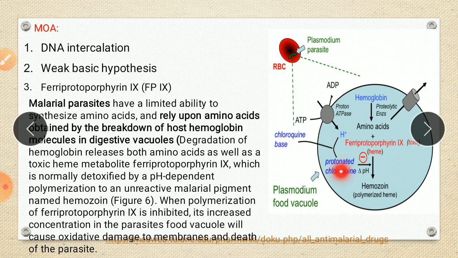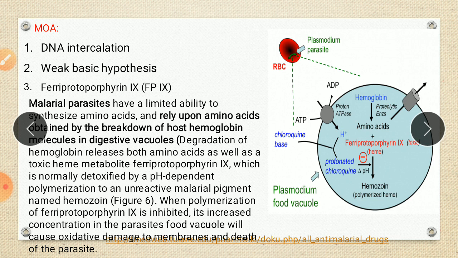As you see in this diagram, there is a vacuole where the parasite is present, inside an RBC. The malarial parasite has the ability to digest hemoglobin to produce amino acids for its growth. Then one product is also produced, called FP9, ferriprotoporphyrin 9.